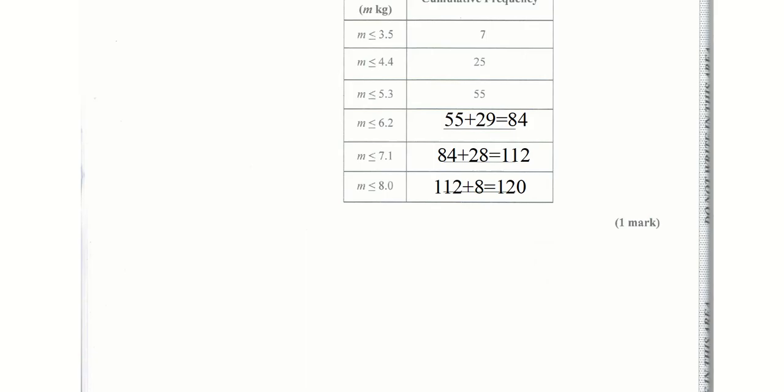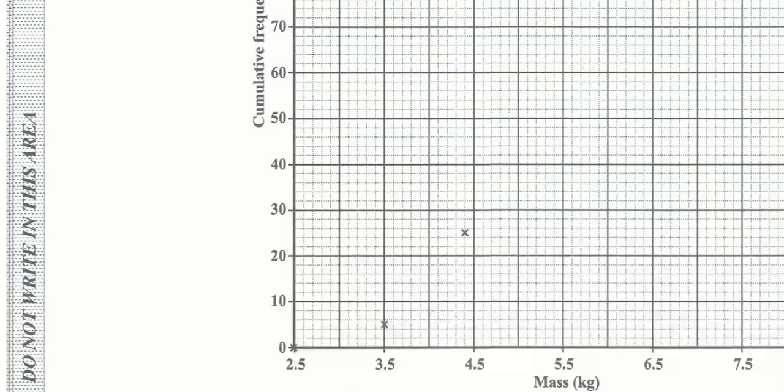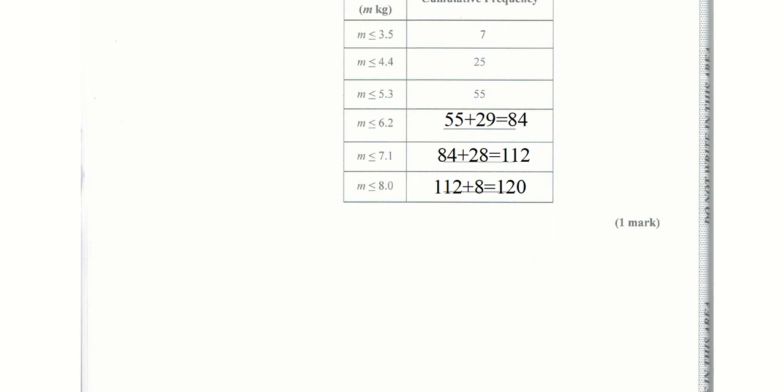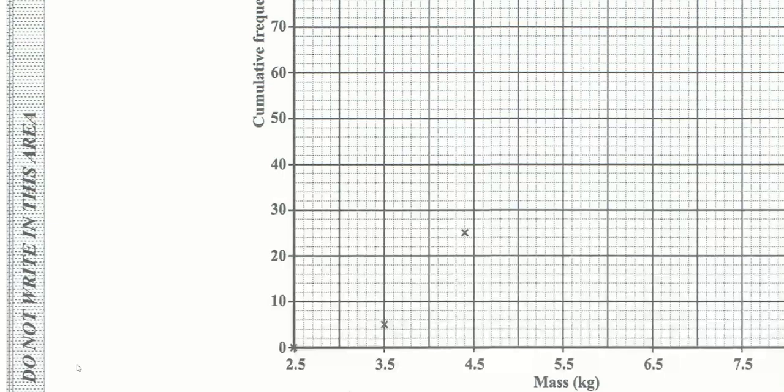Let's look at the previous one. We know that at 5.3 it's 55. So looking for 5.3, this is 5, 5.1, 5.2, 5.3 would be here. And 55 would be somewhere in the middle here.